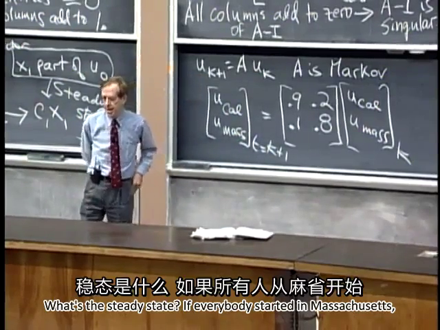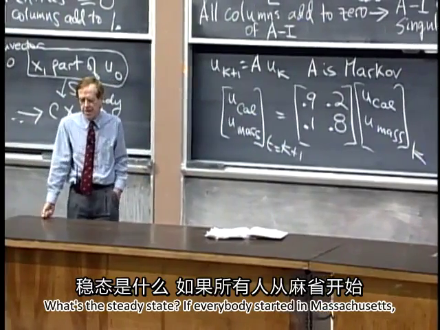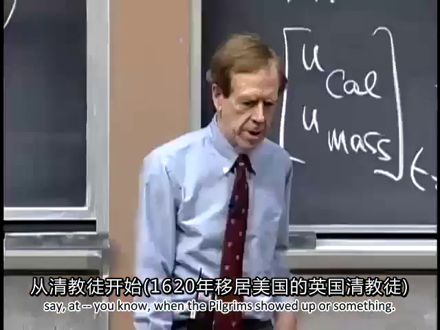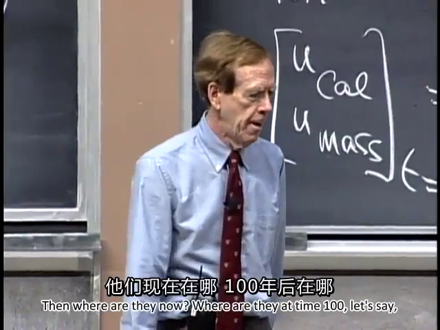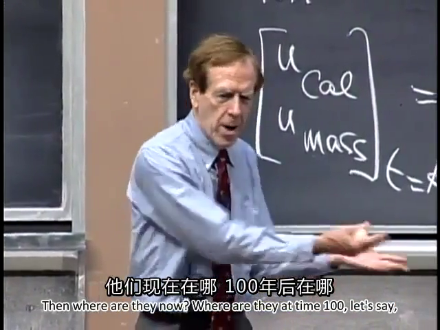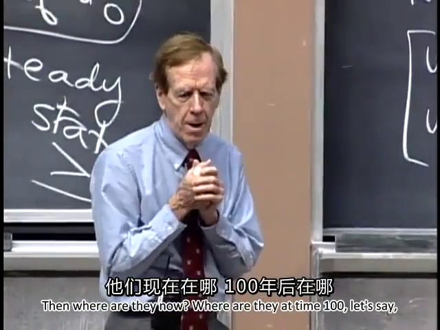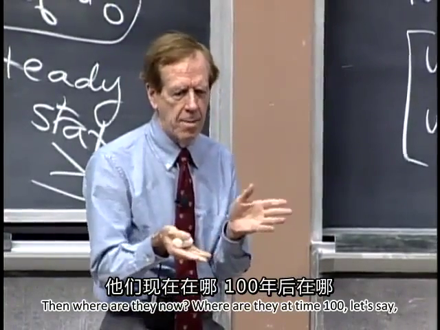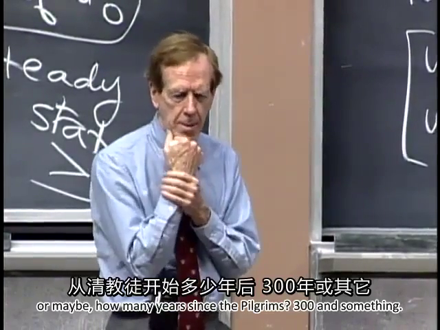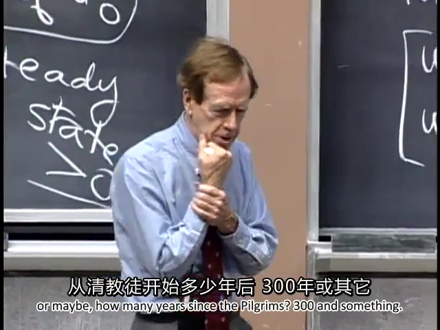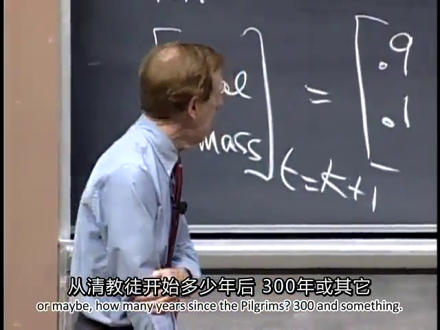What's the steady state? If everybody started in Massachusetts, say when the Pilgrims showed up or something, then where are they now? Where are they at time 100, let's say? Or maybe, I don't know how many years since the Pilgrims, 300 and something?